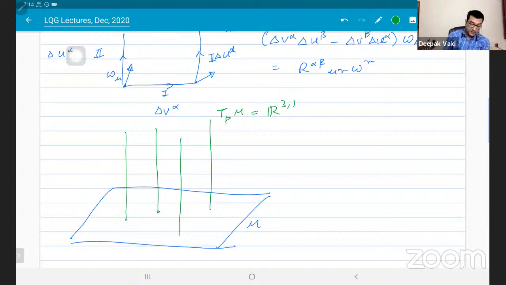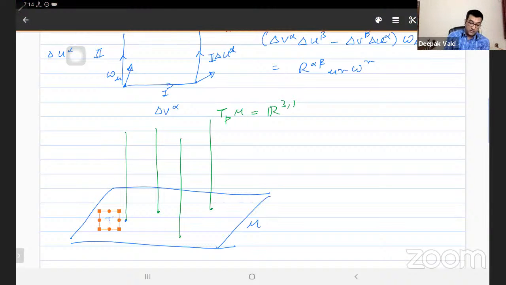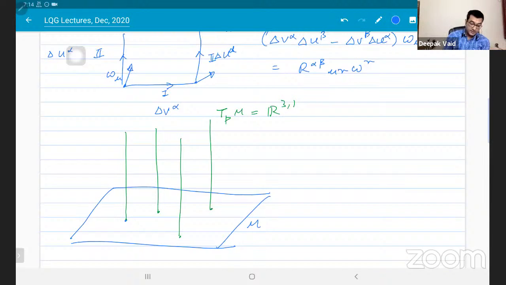And then I have, these are my four space-time points. And then I have some tensor which is defined at this point. Or some tangent vector. And where does this tangent vector live? It lives in this fiber bundle. So it lives in this fiber. So my omega is defined over here, omega mu.